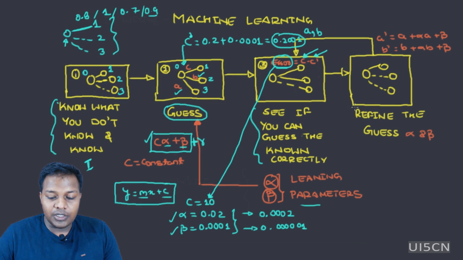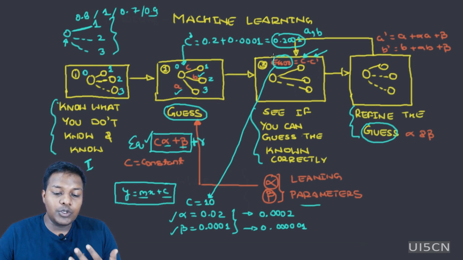Now once we do the increment, we are basically refining the guess, and once we refine the guess, then we compute again the new values like we did here with this equation. So this is the equation here, and we basically again compute the new values for all of the products probability, and we again find the error, and based out the error we again refine the alpha and beta, and this process goes on for a long time.